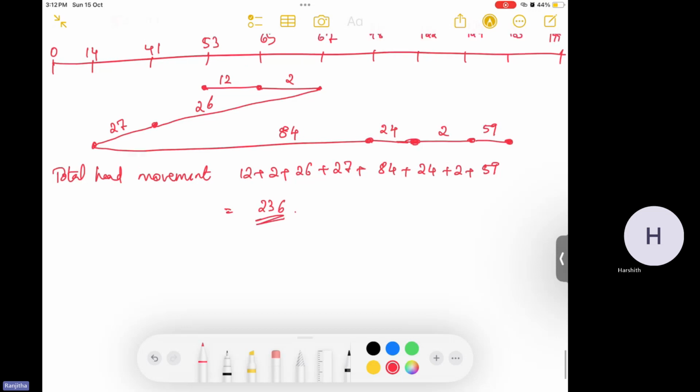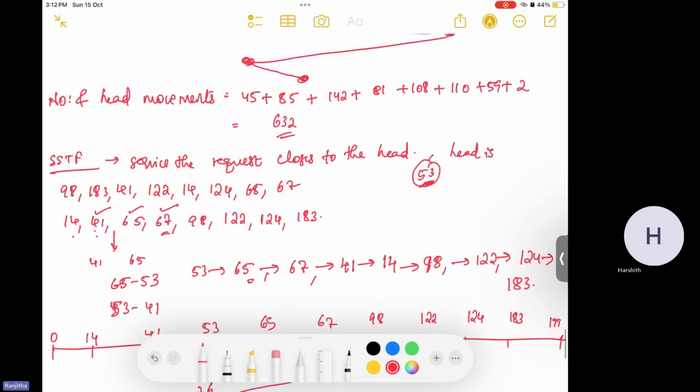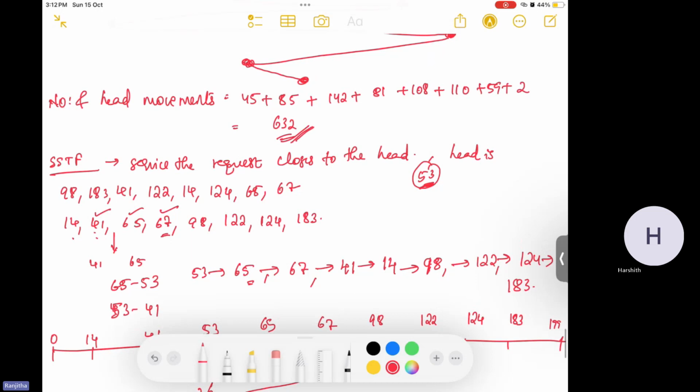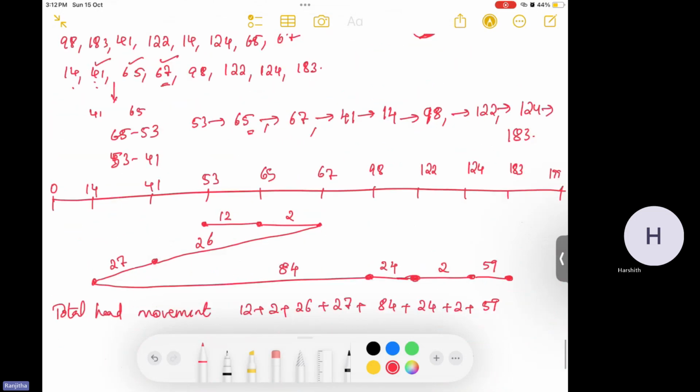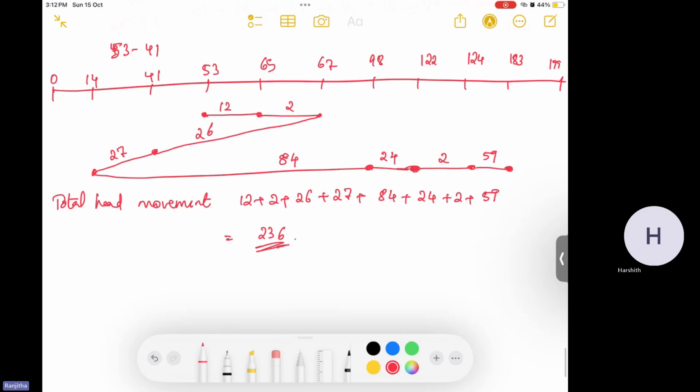So if you see here, for first come first serve, we had 632 movements, whereas here we have 236, which is much better. This is SSTF.